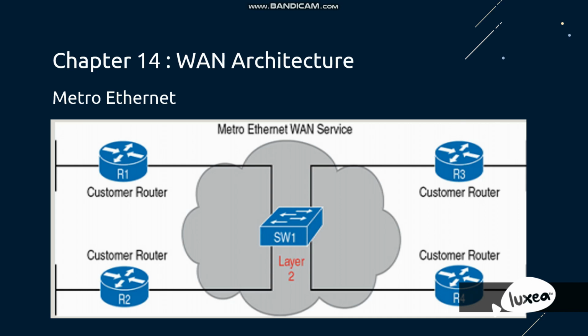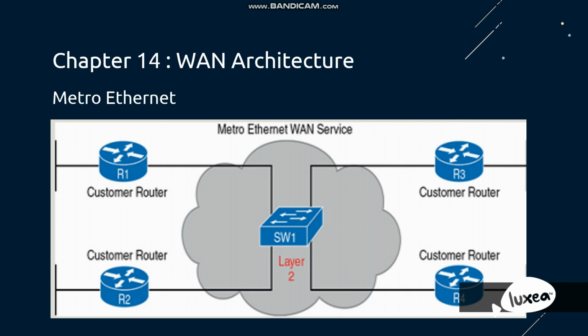Metro Ethernet. Metro Ethernet includes a variety of WAN services. The service is a layer 2 service which forwards Ethernet frames from one customer to another. Metro Ethernet acts as if the WAN service were created by one Ethernet switch.